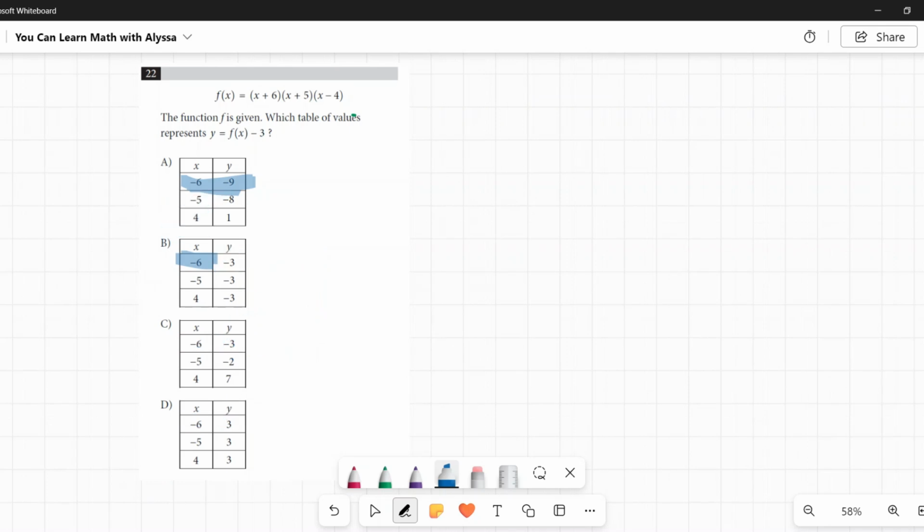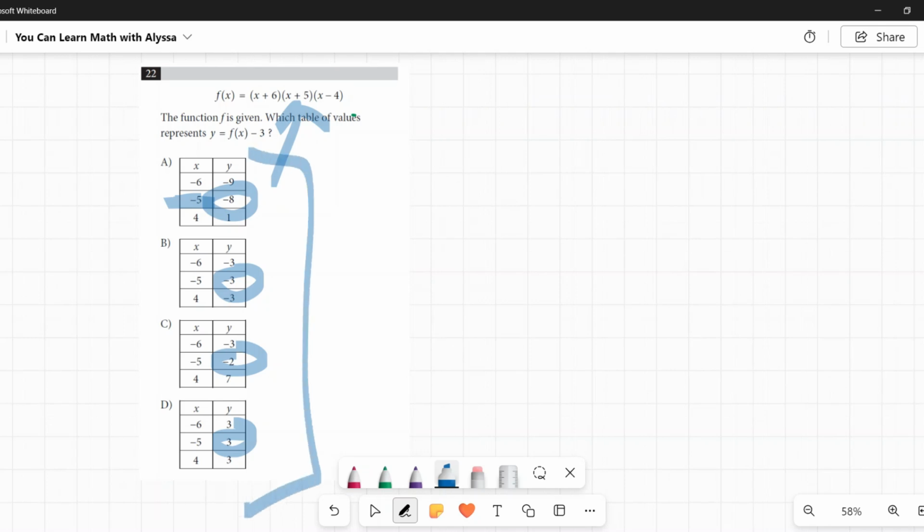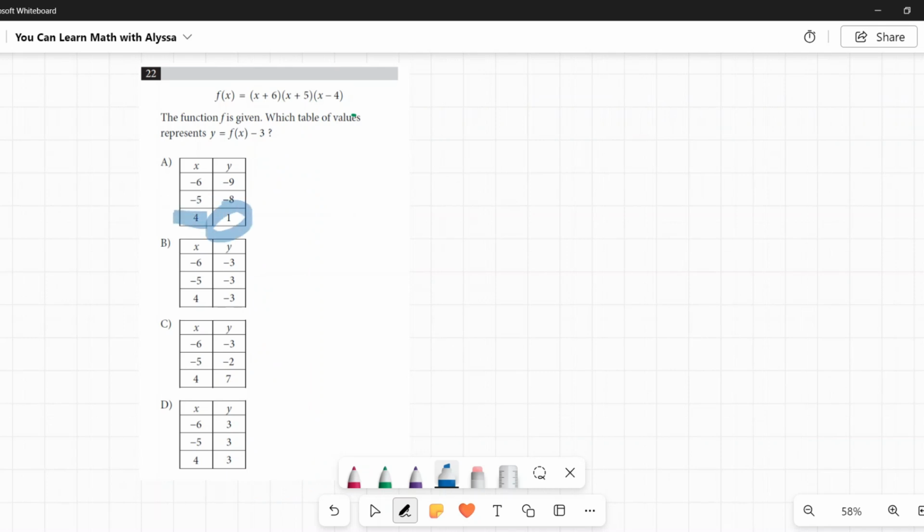So first, you're going to look to the next one, negative 5. Okay, negative 5, we have negative 8, negative 3, negative 2, and 3. They're all different. So if I plug negative 5 up here, whatever answer I get is going to tell me which answer it is. I do not have to plug in negative 6 and 4, because for negative 5 they're all different. Coincidentally, for the 4 we've also got 1, negative 3, 7, and 3. They're all different.